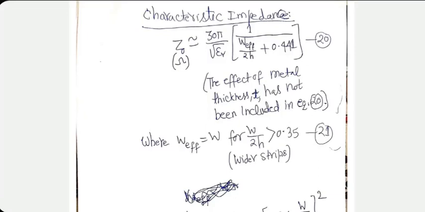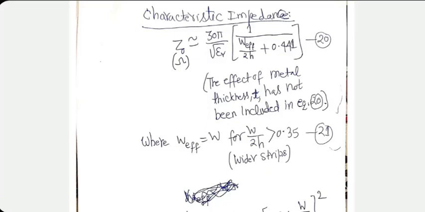These are empirical formulas. He found that if W by h is more than 0.35, there's no point having effective width different from the actual width. That means for wider strips, W by h, by the way, is known as the aspect ratio of the strip line. The higher it is, the wider the strip is compared to h.